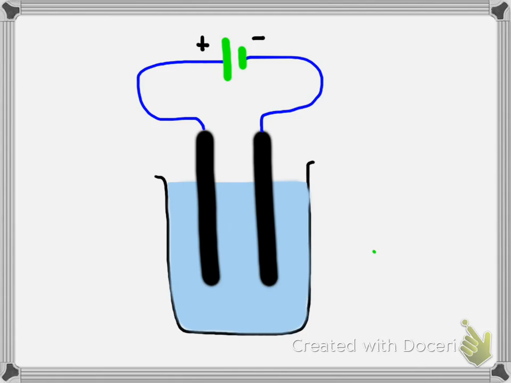Remember, the long end of the cell indicates the positive side of the cell, and the short end the negative side. So electrons would flow around into the positive end of the battery, and out on the negative end and around, which would mean that the electrode on the left would have a deficiency of electrons and therefore be positively charged, and the electrode on the right would have an excess of electrons and therefore be negatively charged.